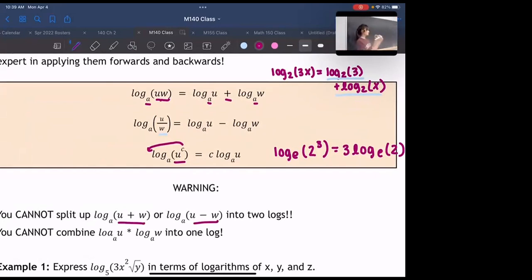You can't modify this rule to include addition on the inside, okay? On the other hand, you can't multiply two logarithms and combine them into one, okay? You can't modify the rules to include multiplication on the outside, okay? So this only works for multiplication and division on the inside, addition and subtraction on the outside.